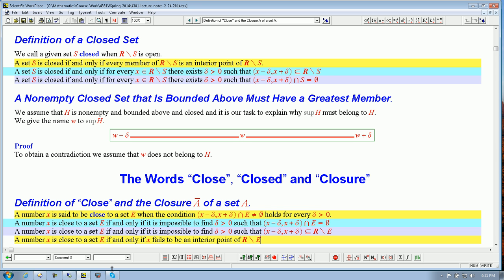Far away means it's deep inside the complement. Deep inside means interior point of the complement. So a number x is close to E if and only if x is not interior to the complement of E.